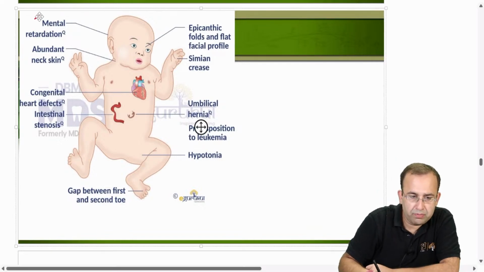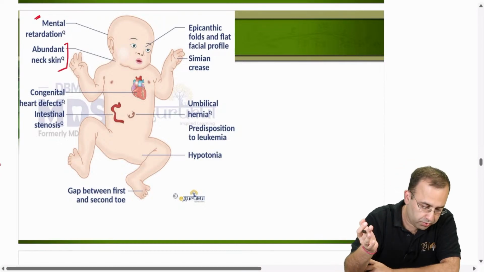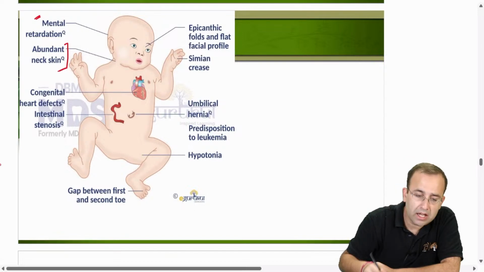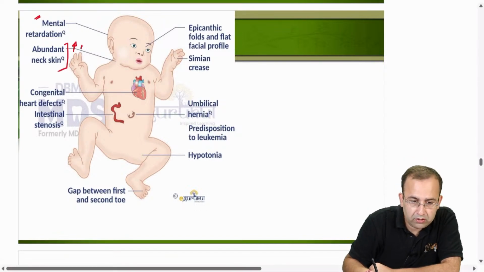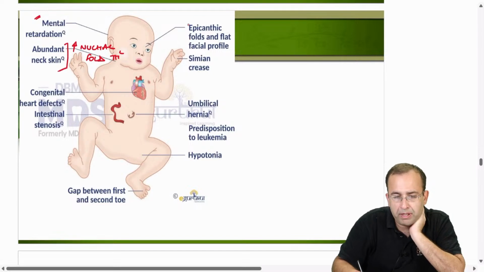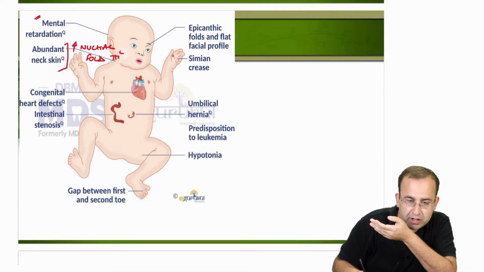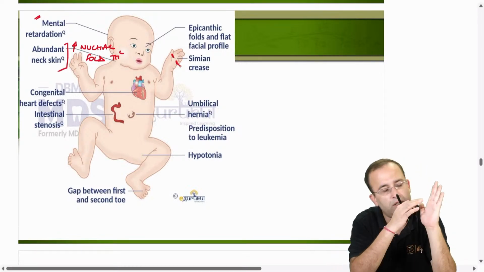A child presents to OPD with mental retardation, abundant neck skin, radiologically seen as increased nuchal fold thickness, epicanthic folds with a flat facial profile, and a single transverse simian crease.